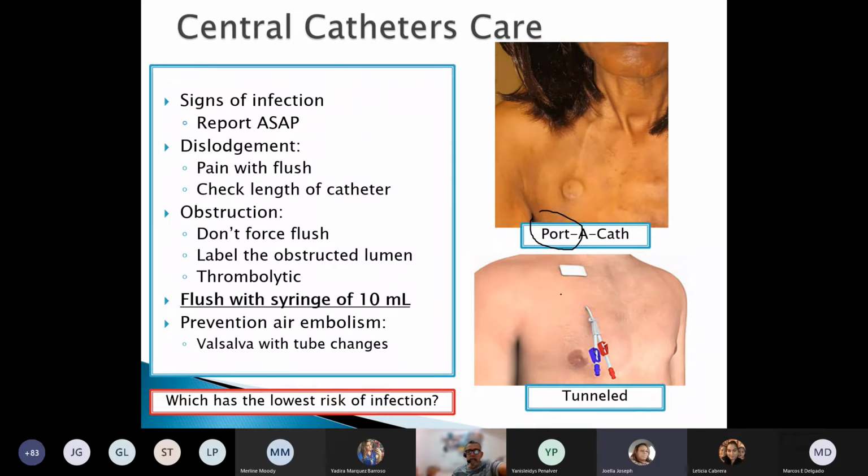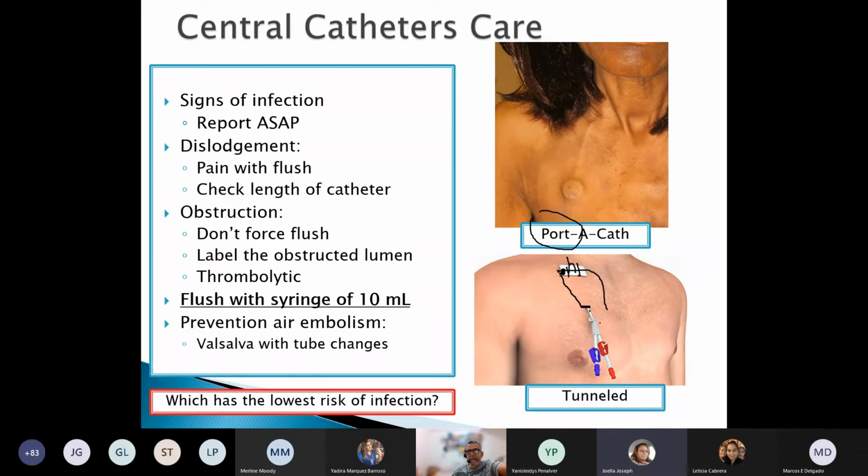What they did with this central catheter: the doctor first pierced or introduced the catheter in the subclavian. So the catheter is here, yeah? But now the doctor makes a tunnel under the skin and makes a second hole, takes the catheter out, and then closes the wound here.